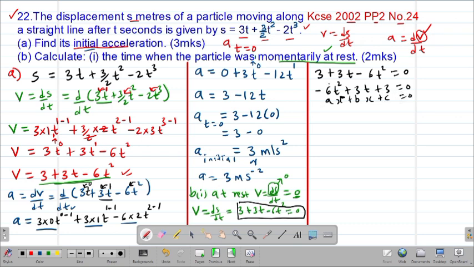So clearly the value of a will be negative 6, the value of b will be positive 3, and the value of c will be positive 3. So the product is given by ac, which is negative 6 multiplied by 3, which gives us negative 18. The sum is the value of b, which is positive 3. So by 2, this will give us 9, then by 3, this will give us 3, then by 3, this will give us 1.